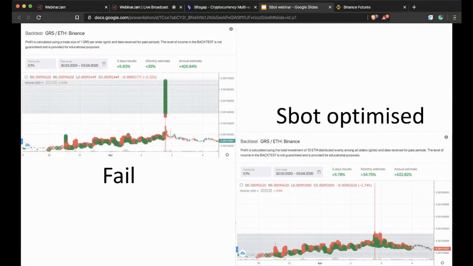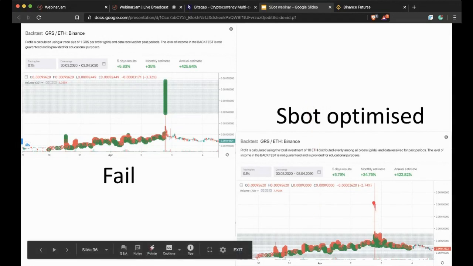Then that means that all of the base currency that the unoptimized bot bought here will be significantly affected by the negative value change as the price then, as instantly as it moved up, moves downwards. In case of the optimization, like what we have in SBot algorithm, it avoids such extreme volatility cases.